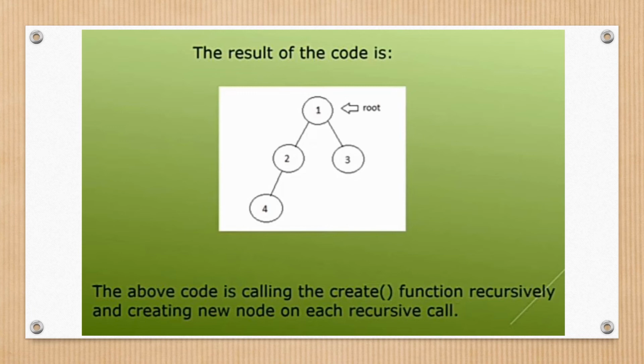First we have inserted tree root as 1 and left and right child as 2 and 3, and for 2 we have inserted 4 as left child. If we want to insert more nodes into this binary tree, we will call the create function recursively and create a new node on each recursive call.